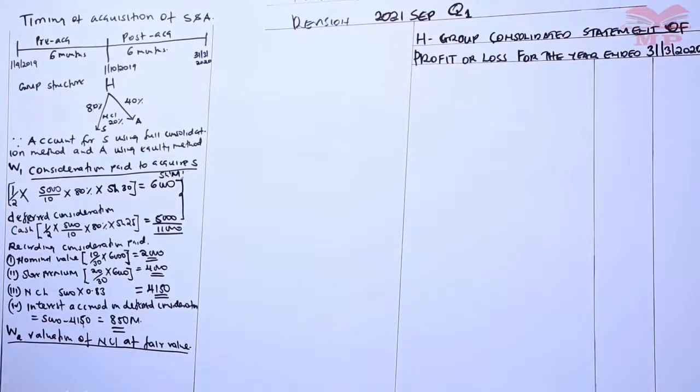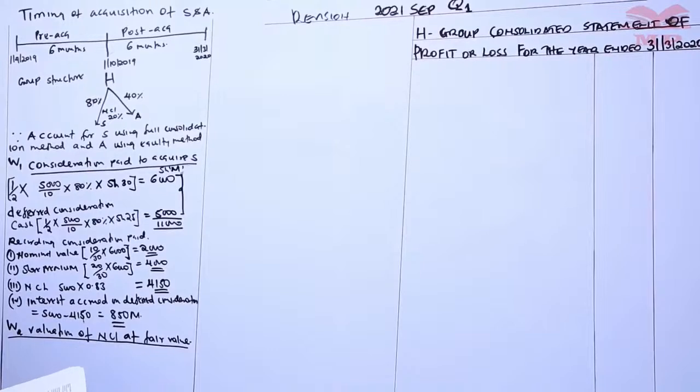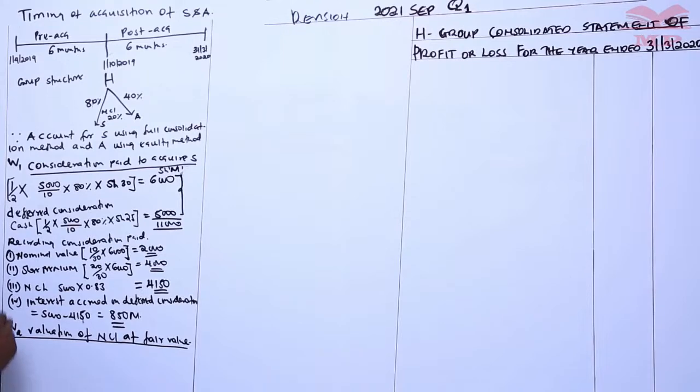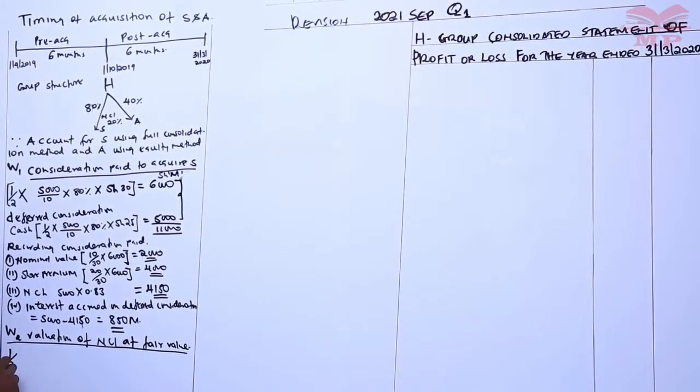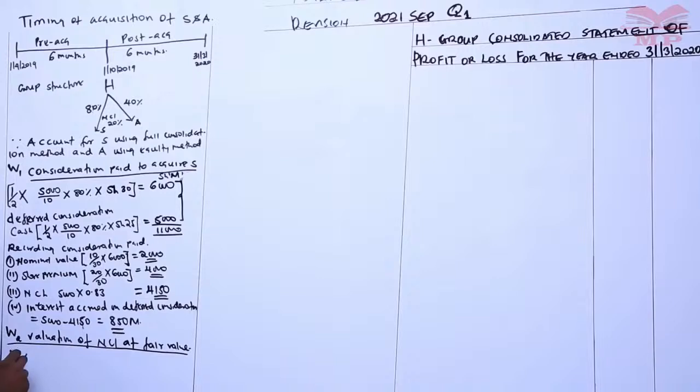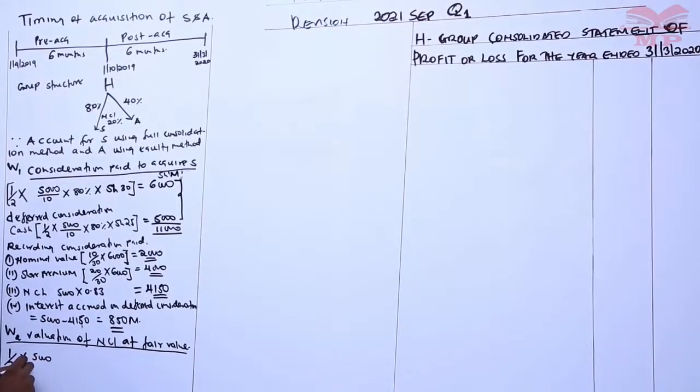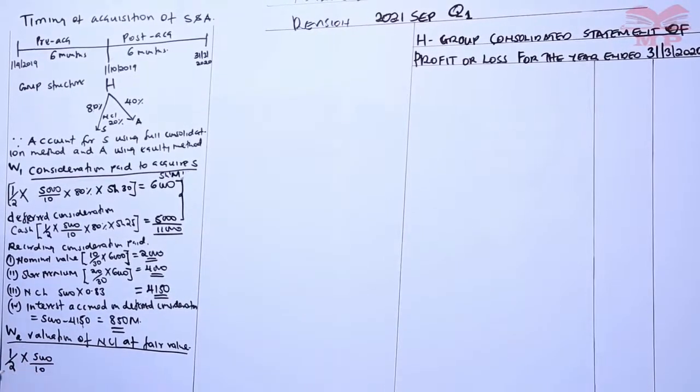If we get a question that requires proportionate share, we'll demonstrate that. So the acquisition was 1 for every 2 shares times 5 over 10 times the proportion of NCI 20%, then it is valued at 25 per share. That is the fair value of equity shares of S.